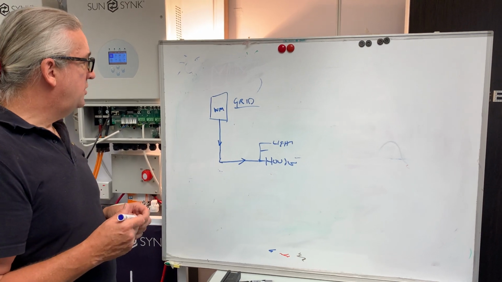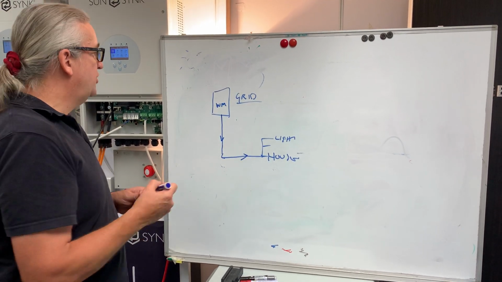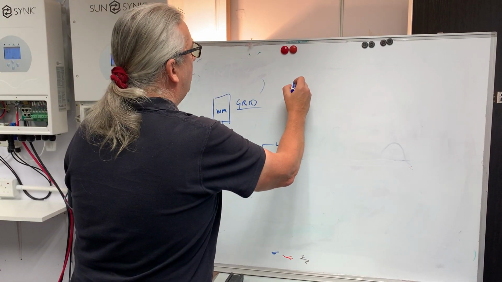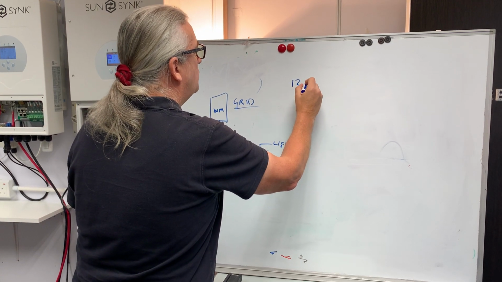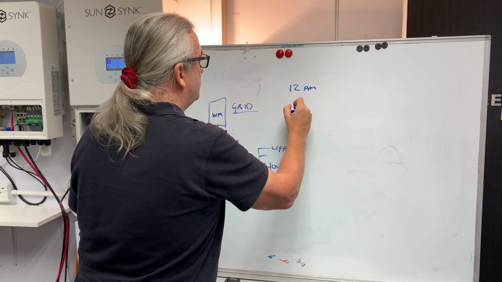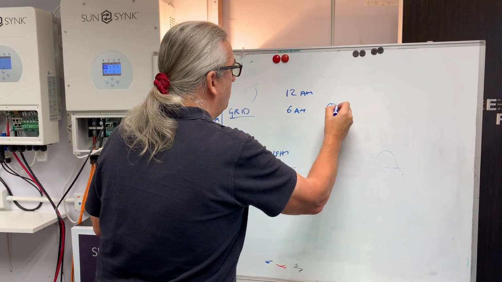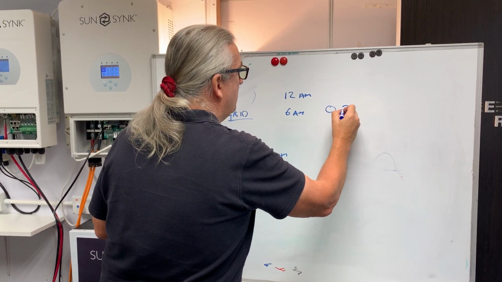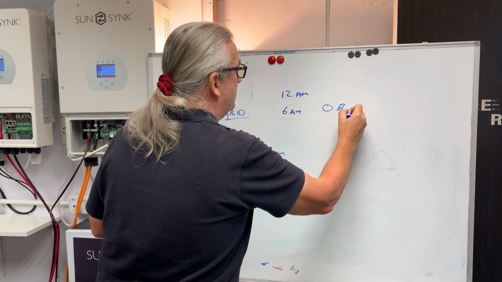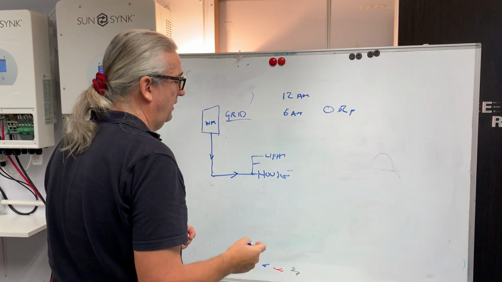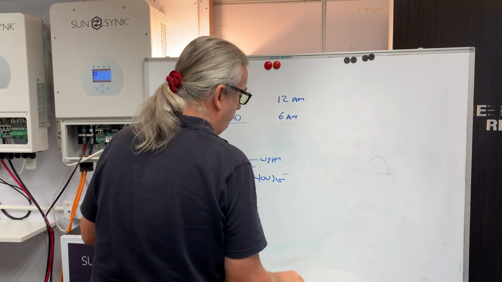But what sometimes you do is you get variable price electricity. So maybe from say 12 a.m. until say 6 a.m. you might get your electricity at say 0.2 pence. So it's 2p. Make it a little bit easier, I use 2 pence.